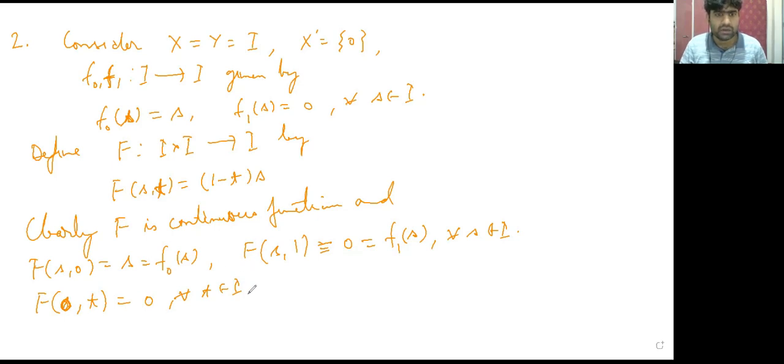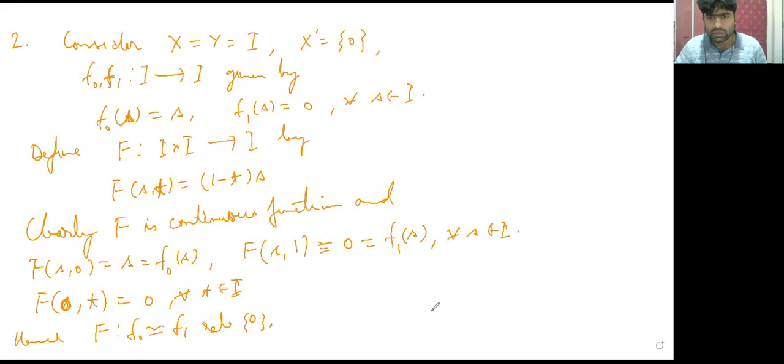It means that F is a homotopy from F naught to F1 relative to 0.